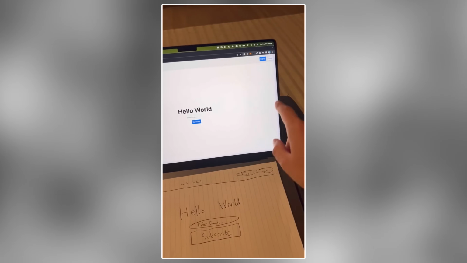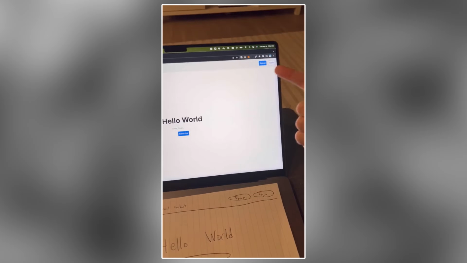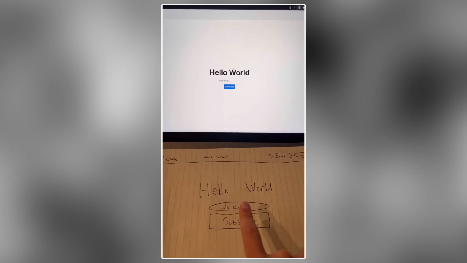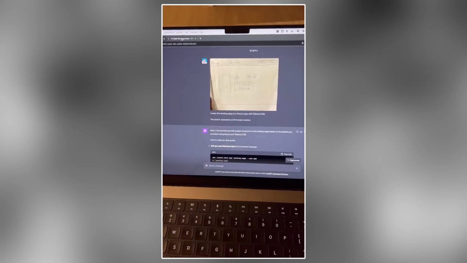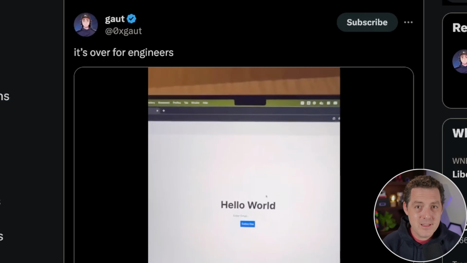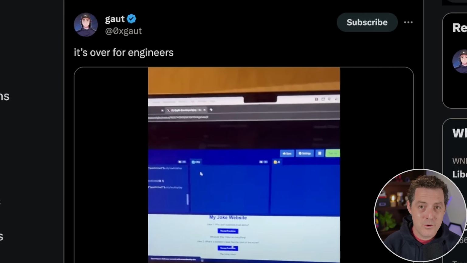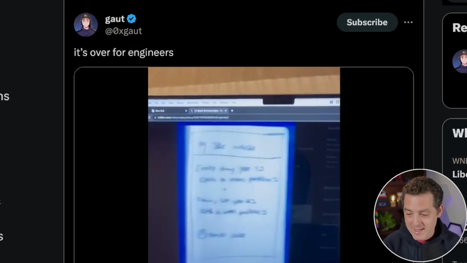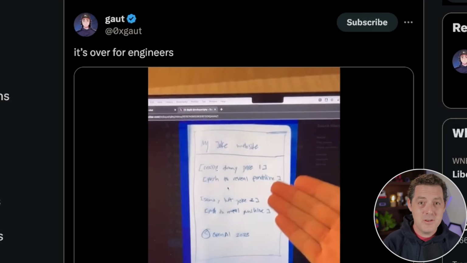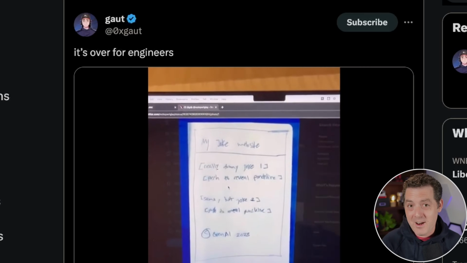And again, if you can imagine, anybody can draw this website on a piece of paper, take a picture of it, upload it to ChatGPT, and you have a working website. So let's say you're completely non-technical, you're a store owner and you don't already have a website. You just draw one. You use your hand and a piece of paper and a pen, you draw one, take a picture, and all of a sudden you have it.